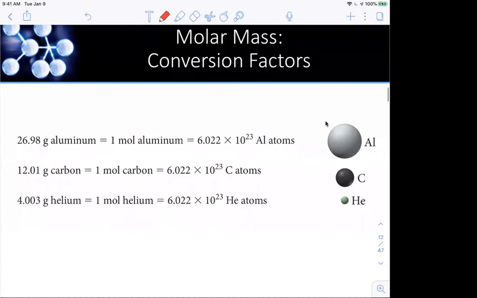So here's some examples. On the periodic table, I know that 1 mole of aluminum has a mass of 26.98 grams. I also know from Avogadro's number that 1 mole of aluminum has 6.022 times 10 to the 23rd aluminum atoms. Everything goes through the mole.